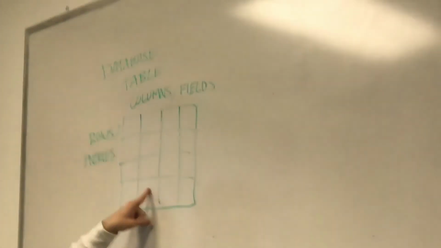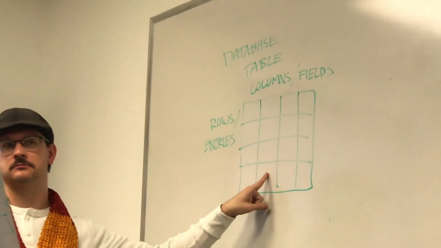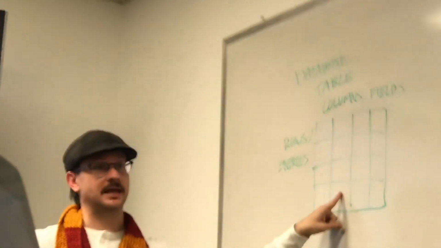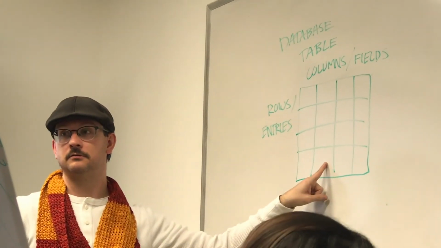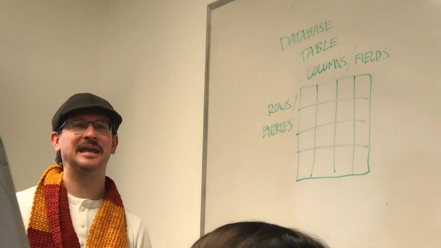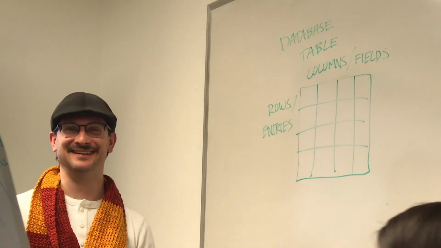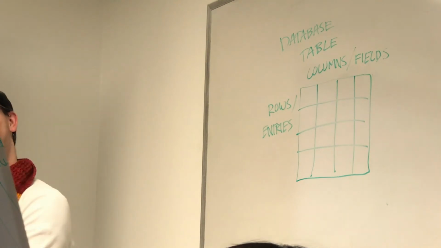Now, what does this look like to you? A table? Anything else? Form. Did someone say bingo? Any of you use spreadsheets?